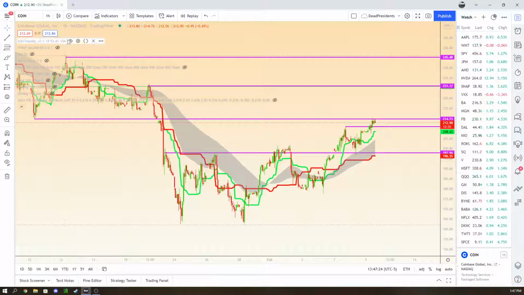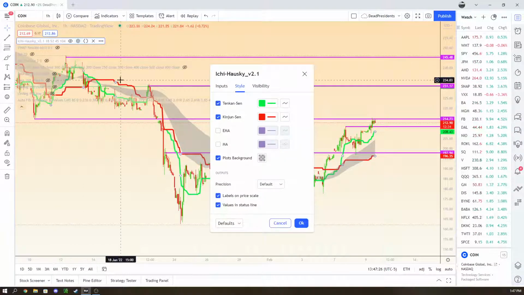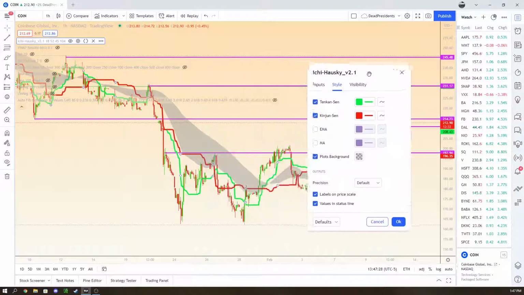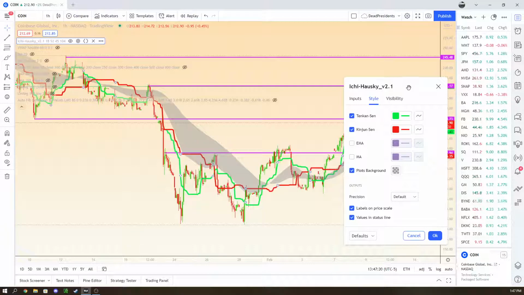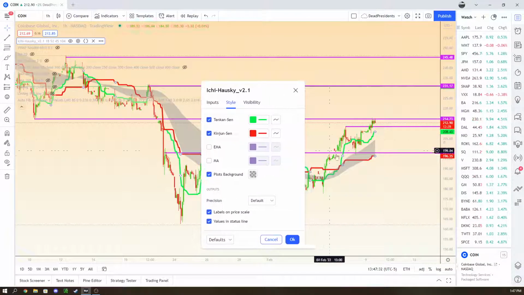For the settings on the Ichi House, guys, you're going to come over here. The Tenkan-sen is your conversion line, your faster moving line, the green one you can see. And then your Kijun-sen is your baseline, the slower mover right here. Practically, the Tenkan-sen is the 18-day moving average, and the Kijun-sen is a 52-day moving average.